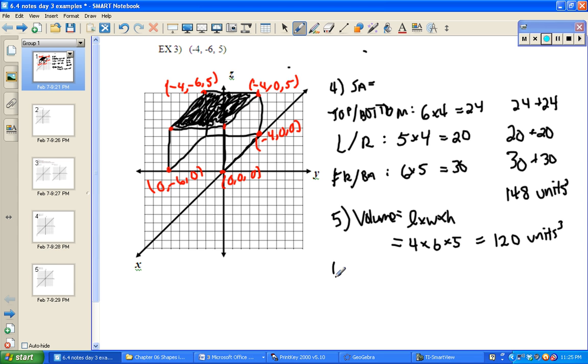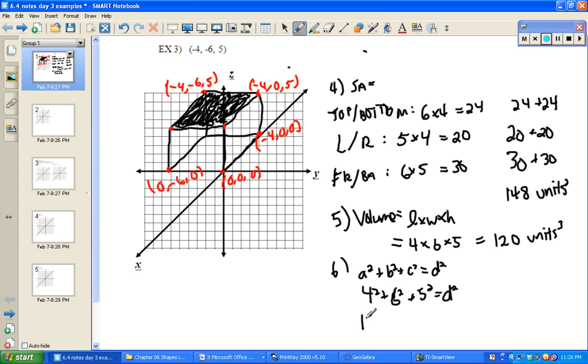Okay, and then the last part of this one, number 6, it asks you to find the diagonal. And if you recall what we did yesterday, the diagonal, we do a squared plus b squared plus c squared equals d squared. So A, B, and C are 4, 6, and 5. They're just the length, width, and height of the box. So it would be 4 squared plus 6 squared plus 5 squared equals d squared.